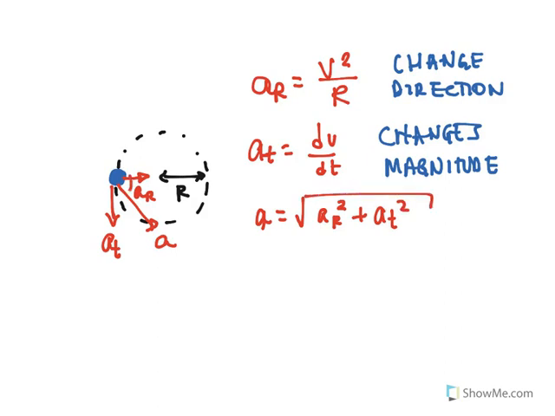And the direction of this, measured from the radius, is given by the inverse tangent of the opposite side, which is tangential, over the adjacent side.